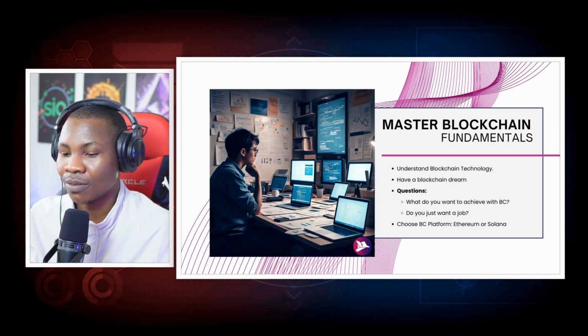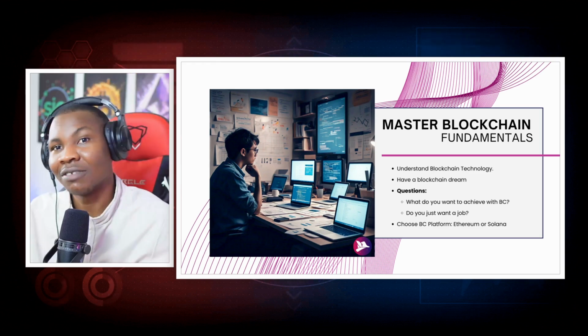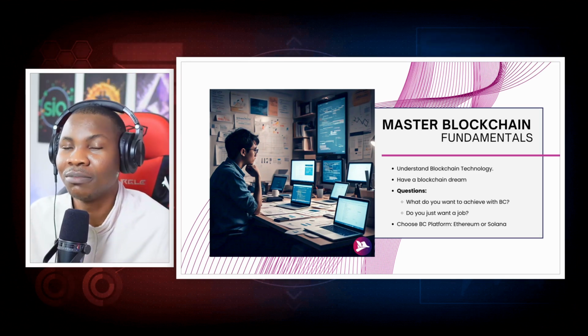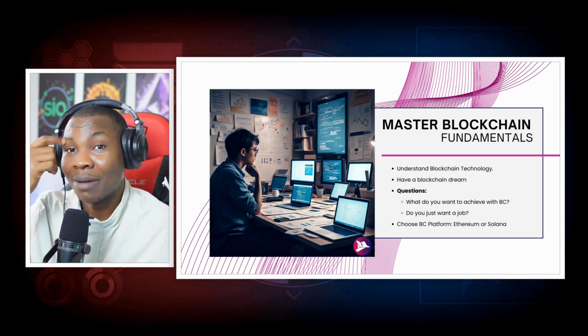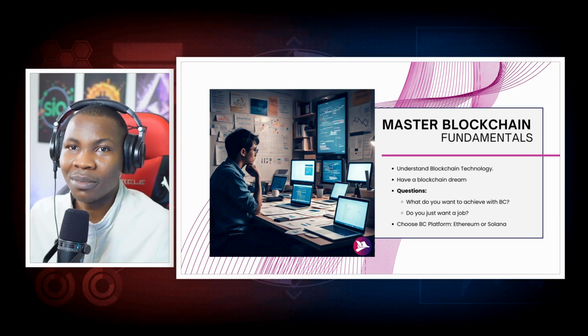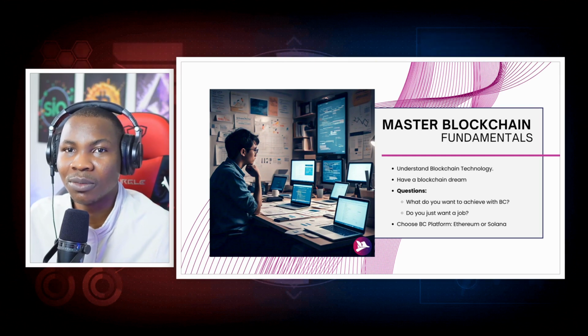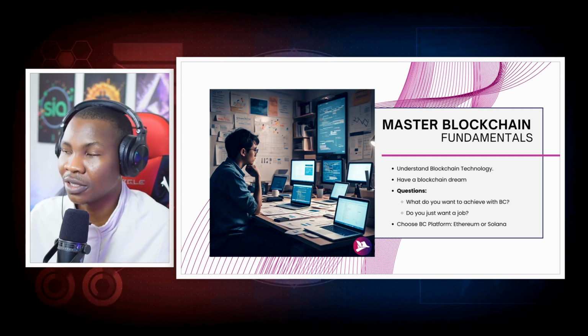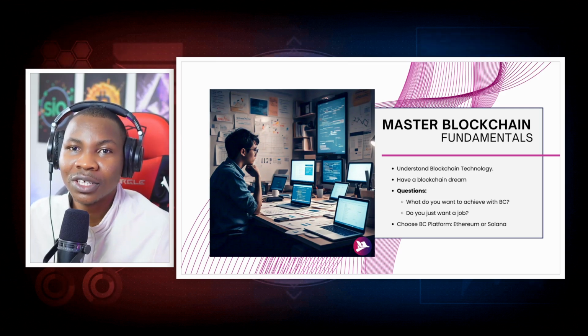There are advantages and disadvantages for each one of these blockchain platforms. If you're choosing Ethereum, I'm going to come back and expatiate on the various advantages that you get from both. But as of this moment, just understand that you can either choose the Ethereum space or the Rust space.